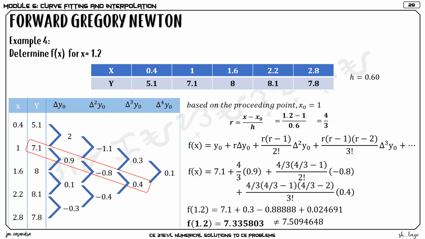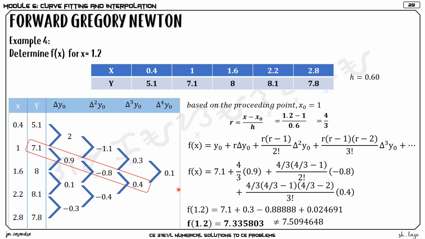So if we're going to compare this value with the value of f of x in our previous solution, this is not equal to 7.5094648, which concludes or verifies that we cannot use the other values of y and the deltas for our solution for the function of x if our closing value is not equal to 0.